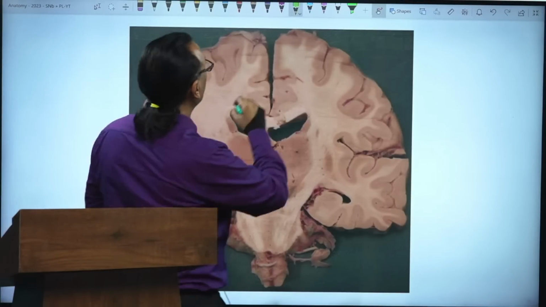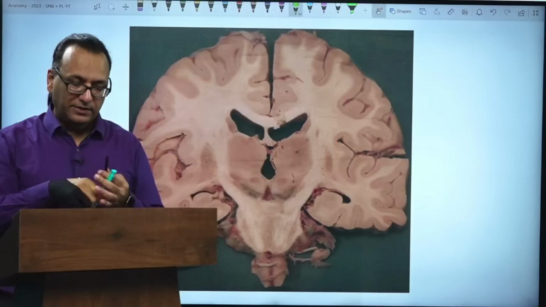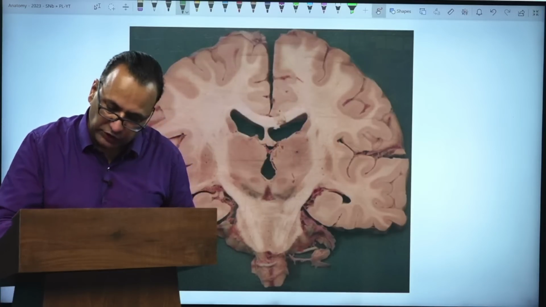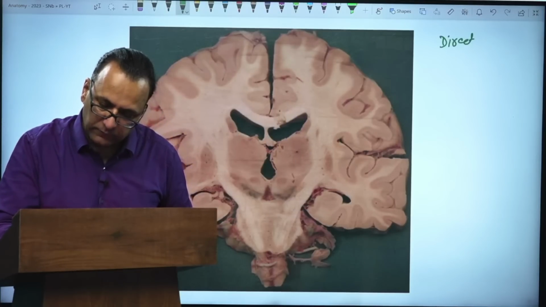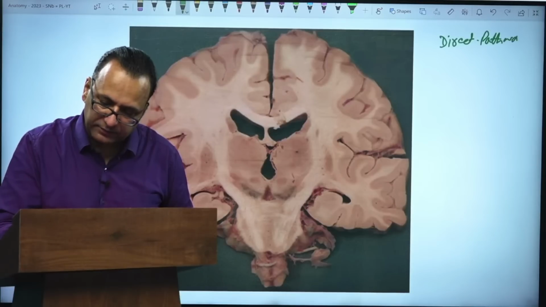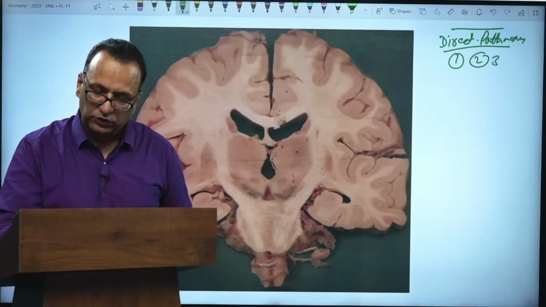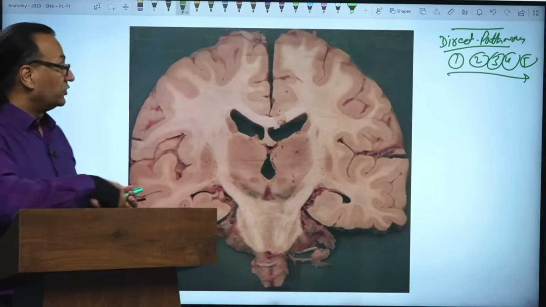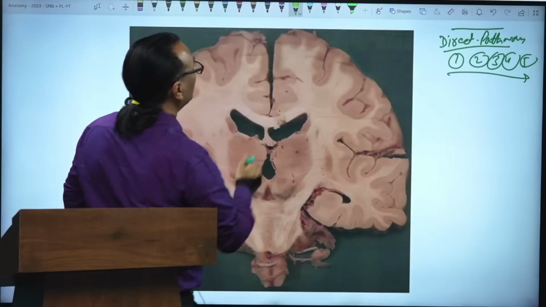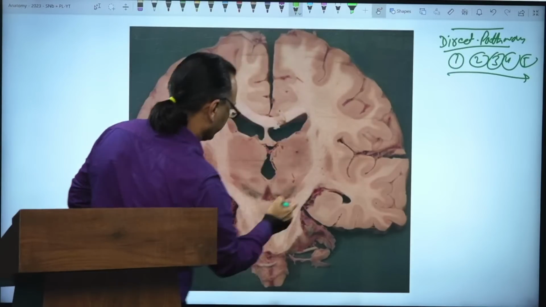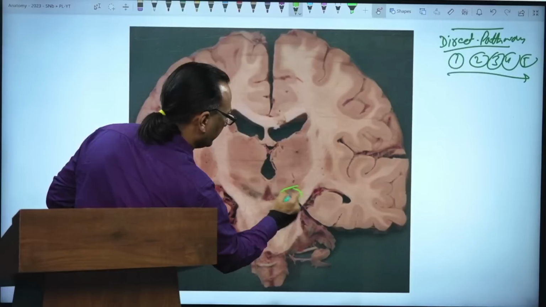This is the direct pathway, which is the question that has come in basal ganglia. They were asking for the sequence 1, 2, 3, 4, 5 in order. It starts with the substantia nigra.